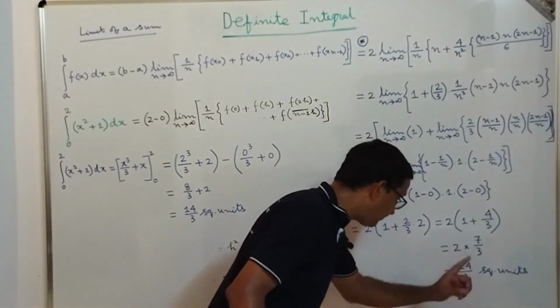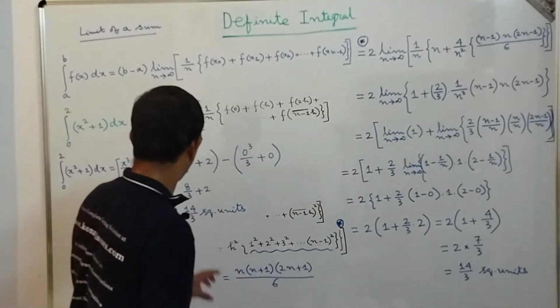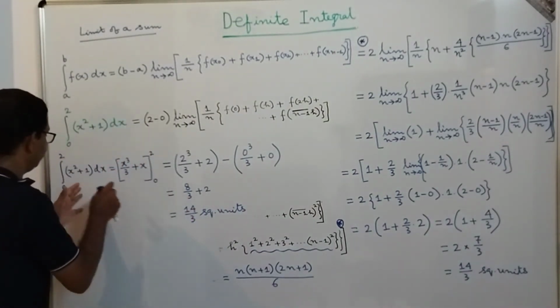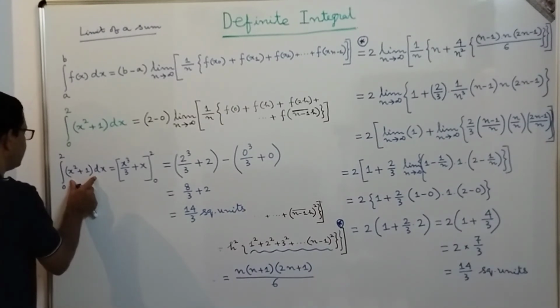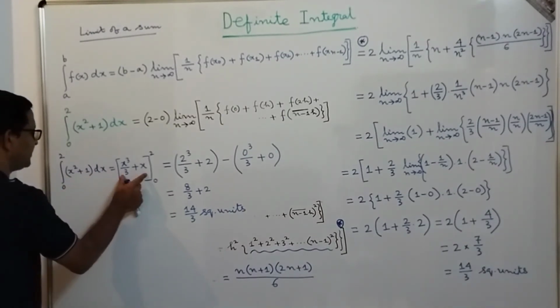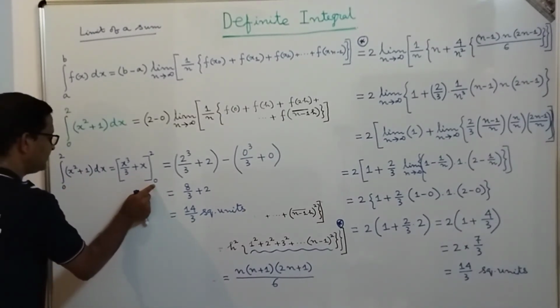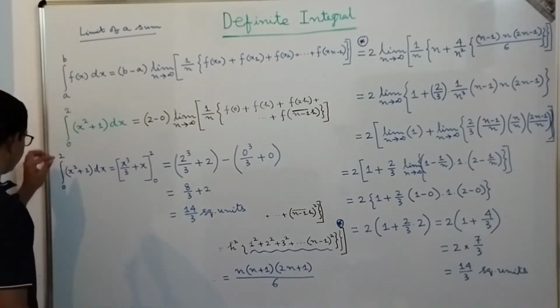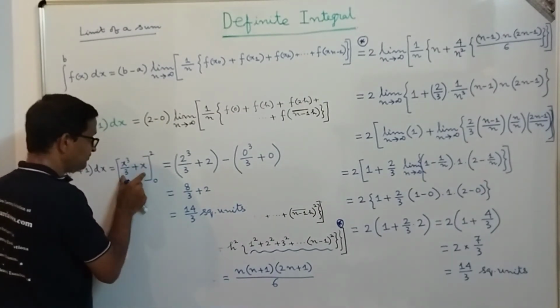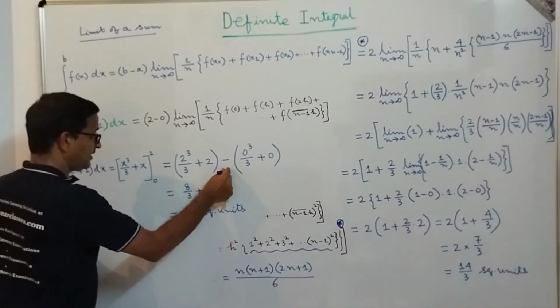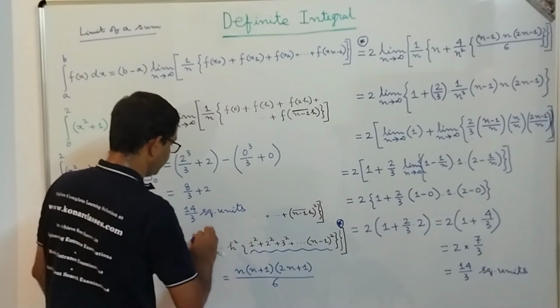Now how to verify that your result is correct? For that you do these steps: you first integrate. You know how to integrate from your knowledge of indefinite integration. You integrate and then put the lower limit as 0 and upper limit as 2, because the integration is from 0 to 2. After that you apply the value 2 here, and minus apply the value 0 there and compute.